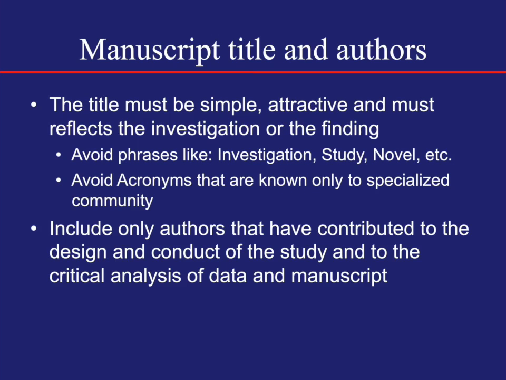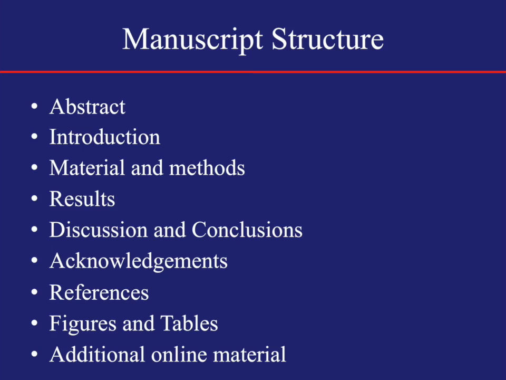The title is important. It should be simple and straight to the point, avoiding phrases like investigation, study, novel, and acronyms. Then, of course, all of you know the structure of the manuscript: abstract, introduction, material and methods, results, discussion, and conclusion.